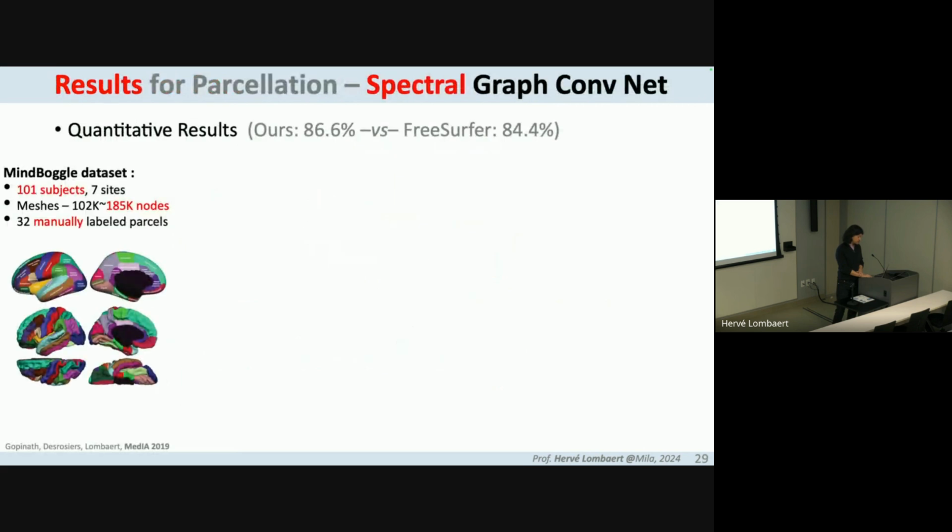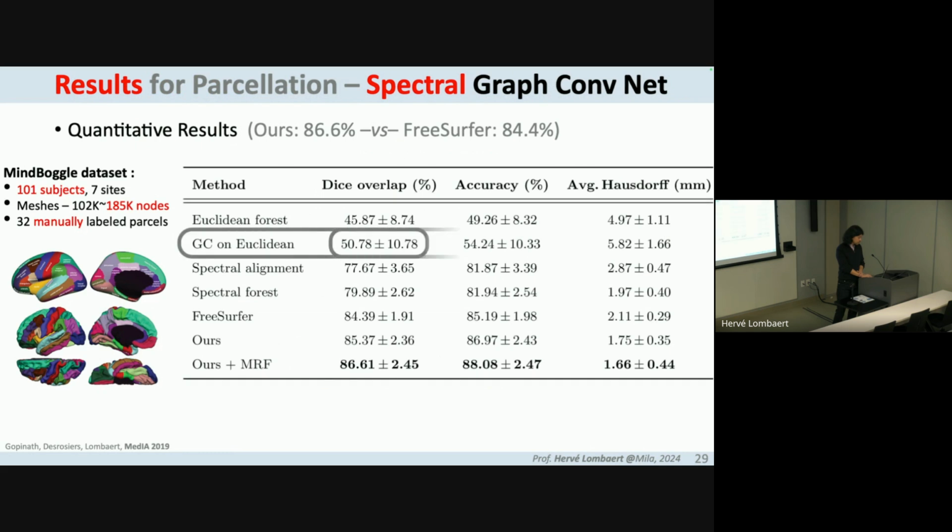In terms of results, those are tables, and what I want to show is if you want to apply purely a graph or a GNN, or not necessarily a GNN, but any type of approach that relies on Euclidean coordinates. GC would be graph convolutions. For example, if you completely ignore the geometry, you stay in this Euclidean world, you use these XYZ coordinates.